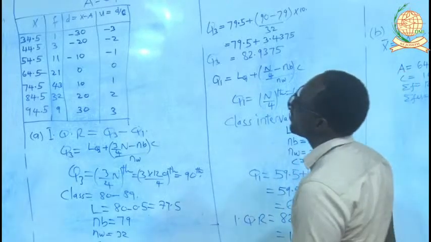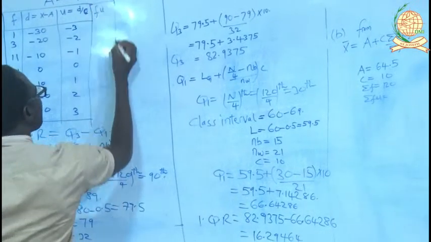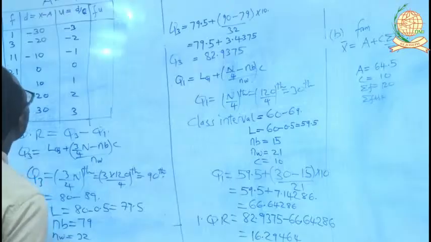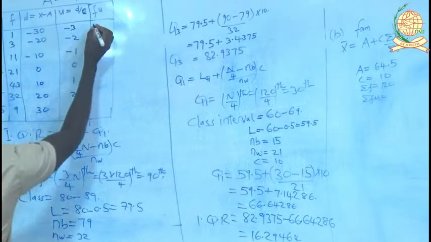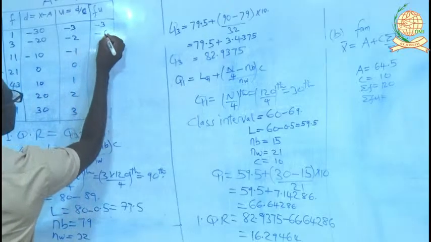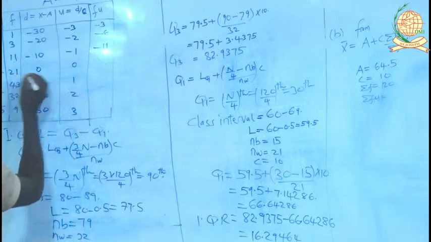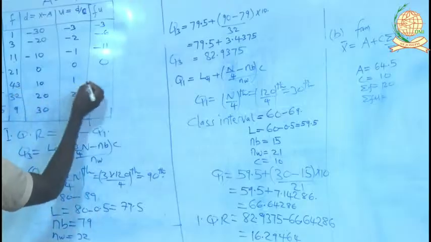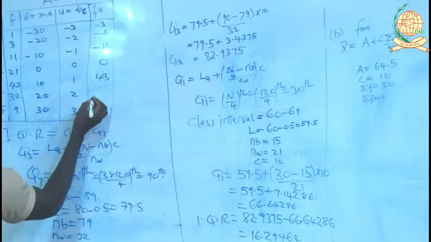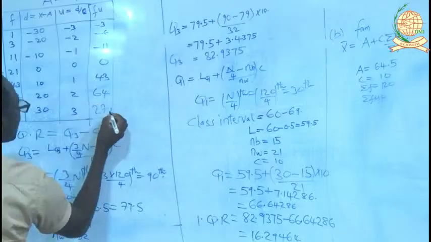From this table, add FU. Yeah, you take the frequency times U. 1 times -3, there you get -3. 3 times -2, you get -6. 11 times -1, you get -11. 21 times 0, you get 0. 43 times 1, you get 43. 32 times 2, you get 64. 9 times 3, you get 27. Now add this.